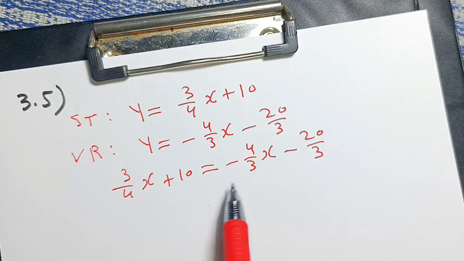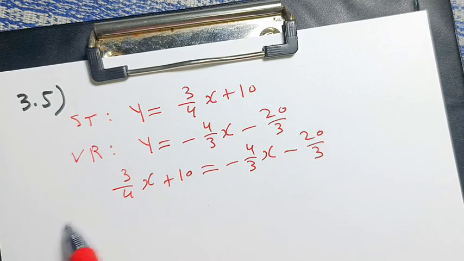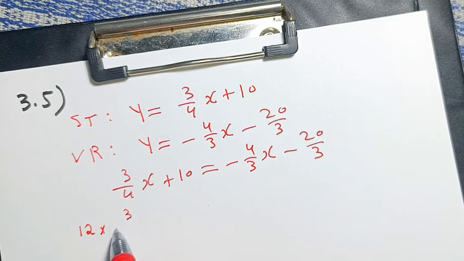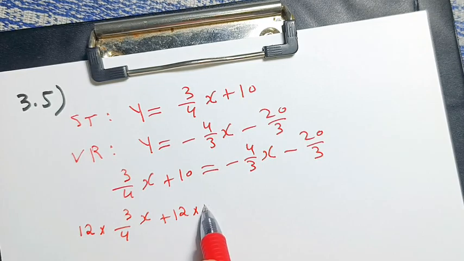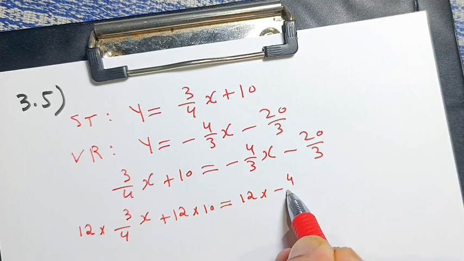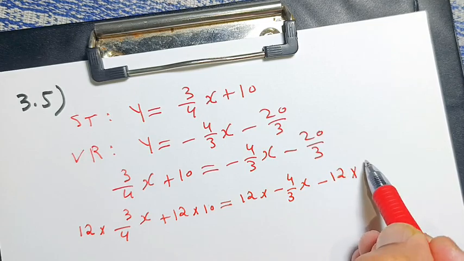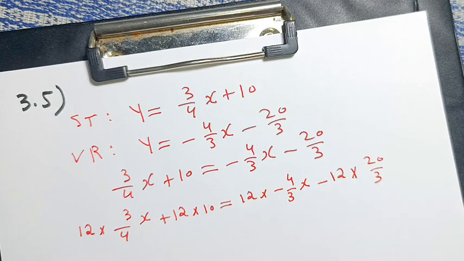Now I can see the LCD is 12 here because 4 times 3 is 12. So I can multiply the whole left hand side and the right hand side by 12 to get rid of the denominator. So 12 multiply 3 over 4x plus 12 multiply 10 is equal to 12 multiply negative 4 over 3x minus 12 multiply 20 over 3.